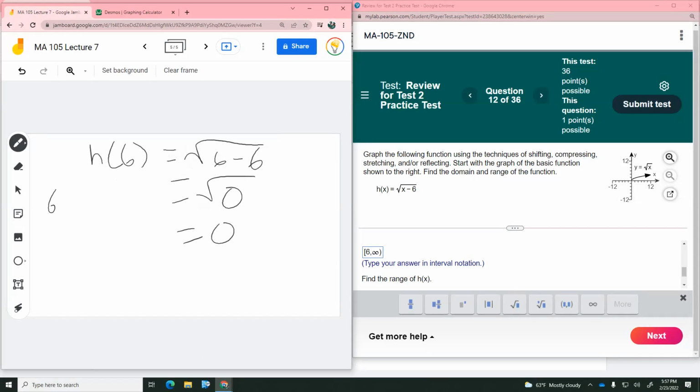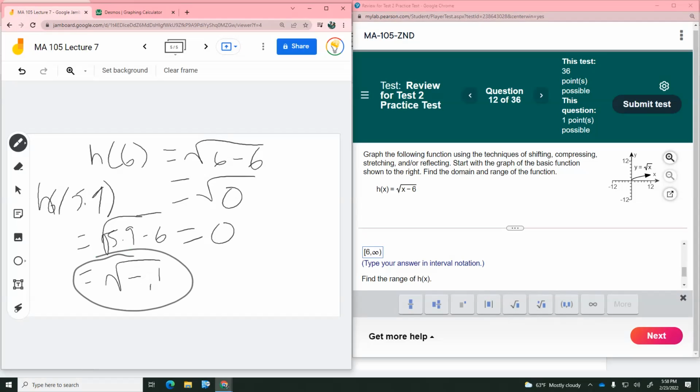So for example, h of 5.9 equals square root of 5.9 minus 6, which is equal to square root of -0.1. Obviously, this is not real, right? You cannot take the square root of a negative in the reals. So therefore, we're not going to even mess around with this. But 6 itself is included. So that's why we use the bracket instead of the parentheses.